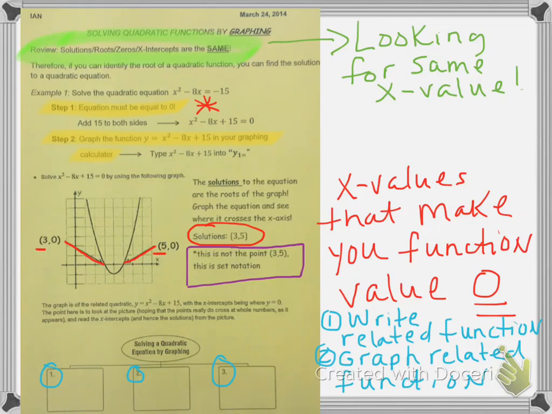We graphed x squared minus 8x plus 15 in our graphing calculator and then looked at the graph of the function. And the last step is find your zeros. Of course, you know at this point that zeros are the roots of the graph or the x-intercepts. And those are your solutions to the quadratic equation.